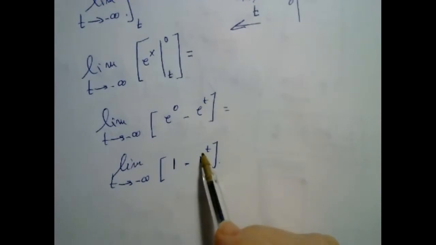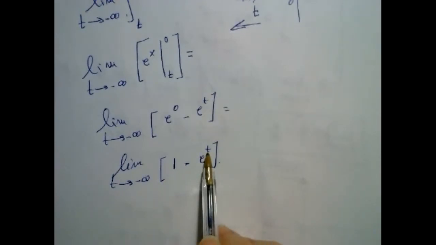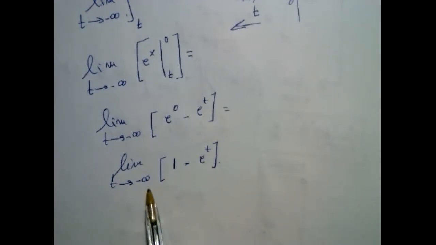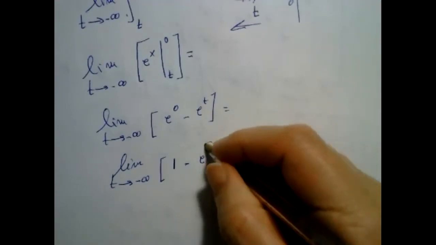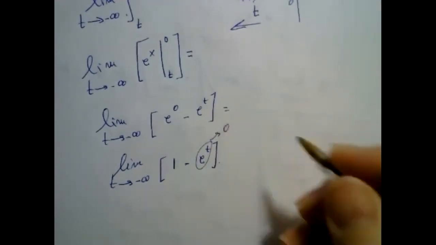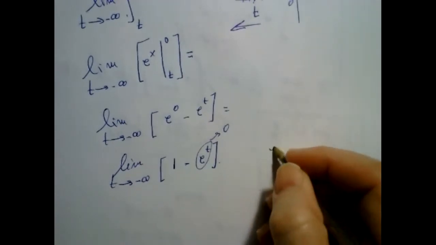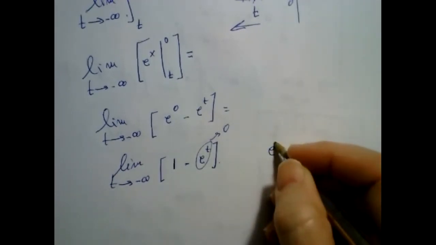So this is e to the t. You start raising e to a large negative power. What happened to e to the t? It's basically 0. It acts as 0. Yeah, because absolutely it goes to 0. Because if you think about it, what kind of power are you raising e to?